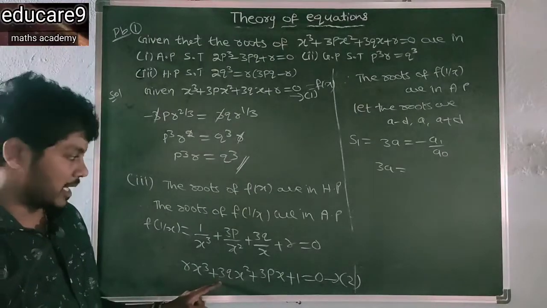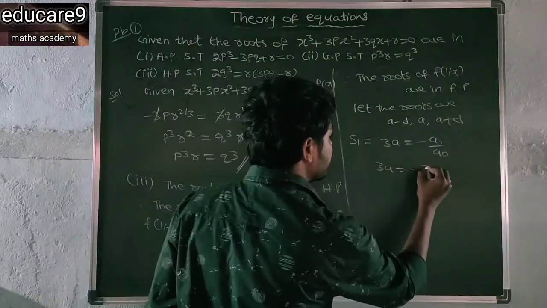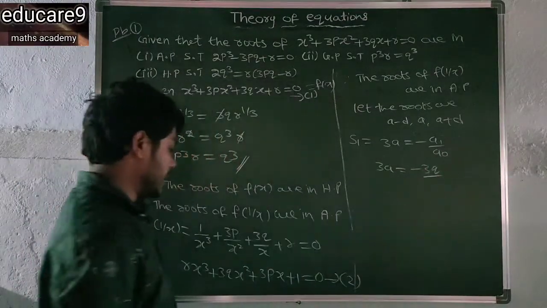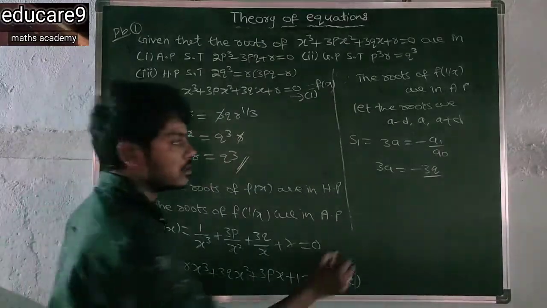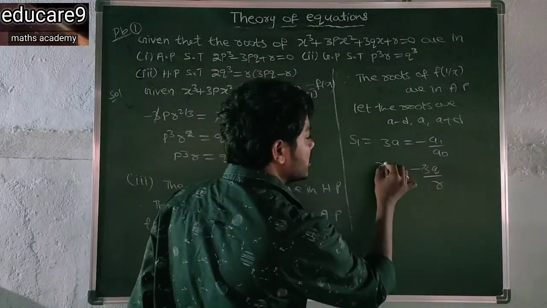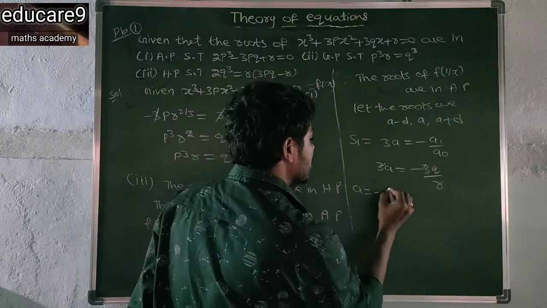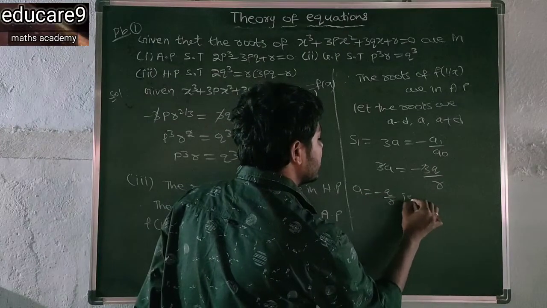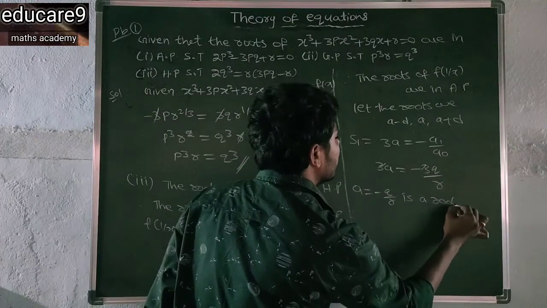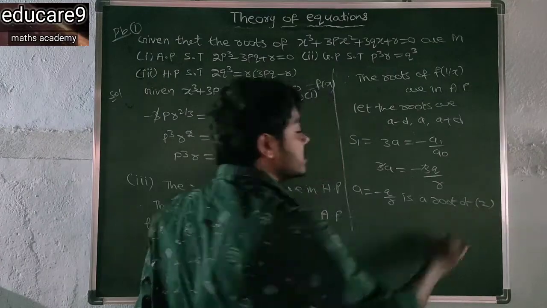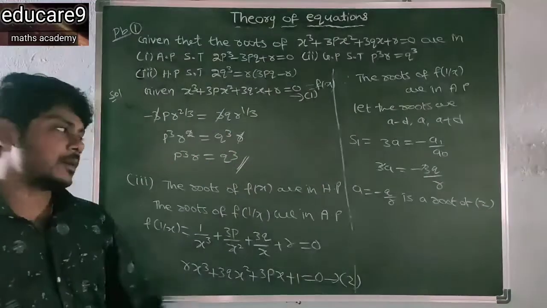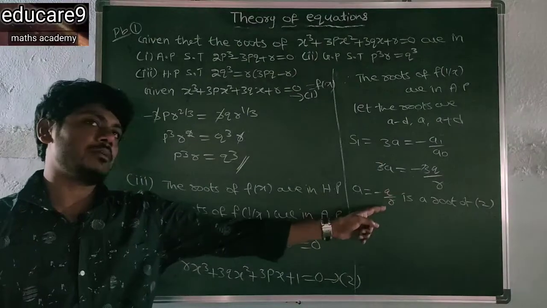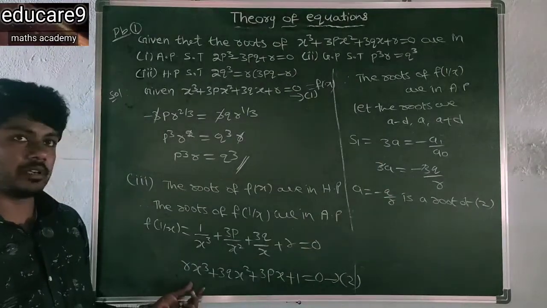So that is minus 3q by a0. a0 is r. So 3 gets cancelled. So a is equal to minus q by r, which is a root of equation 2. Now substitute x value minus q by r in equation 2.